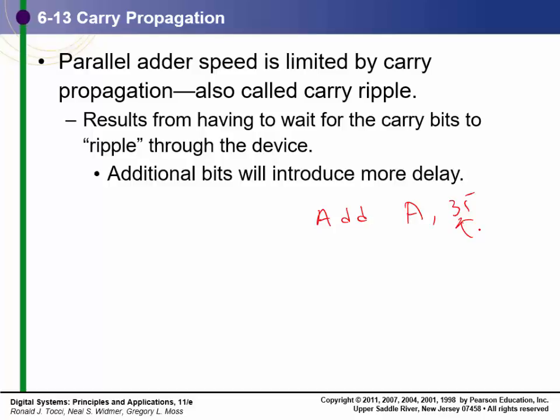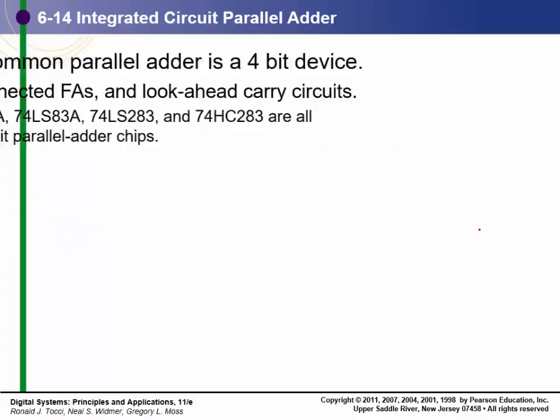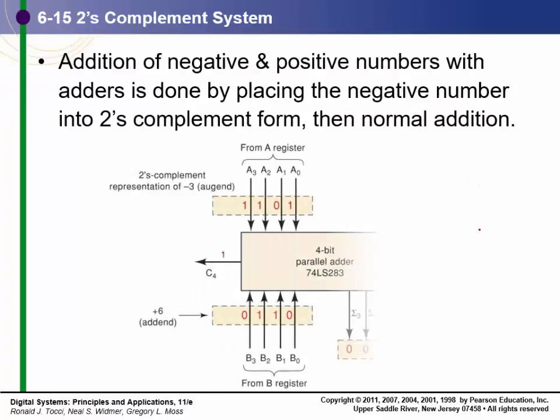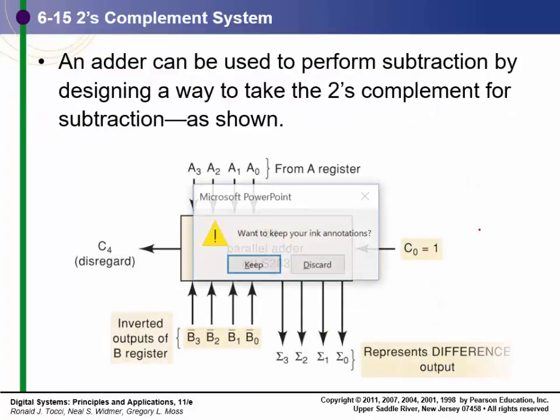So the microprocessor goes to memory location 35, grabs the data, adds it to the accumulator, and stores the result in the accumulator. They get into this discussion at this point, and we talked about the look-ahead adders. As I go through these slides, I'm going to stop at this point.